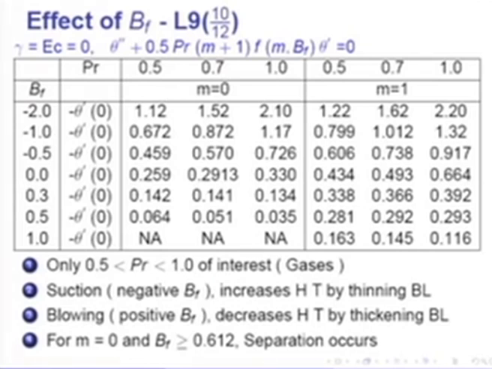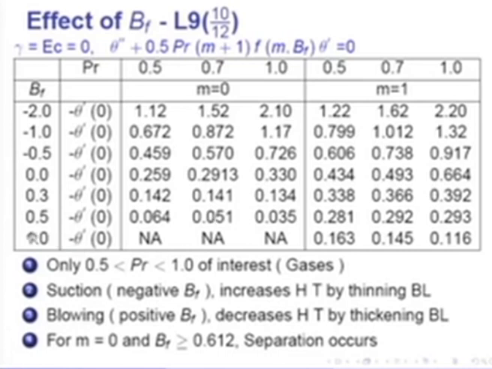So, you will see in the suction case, when BF is negative, compared to BF equal to 0, which is no suction, and I am looking at the flat plate solution, then when there is suction, there is an increase in heat transfer, but when there is blowing, there is a decrease in heat transfer.